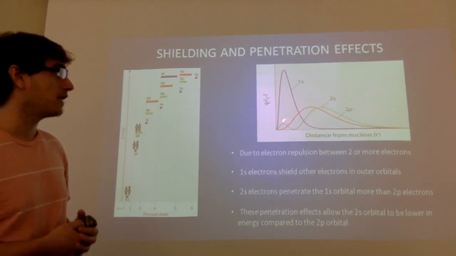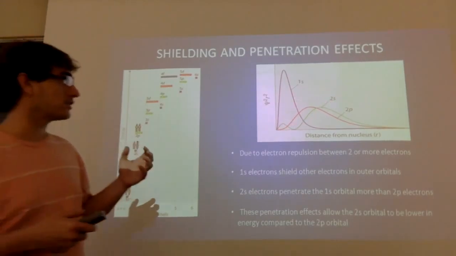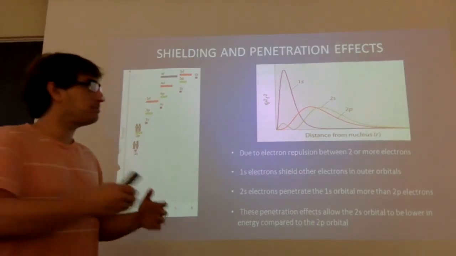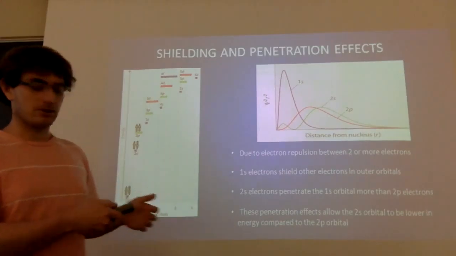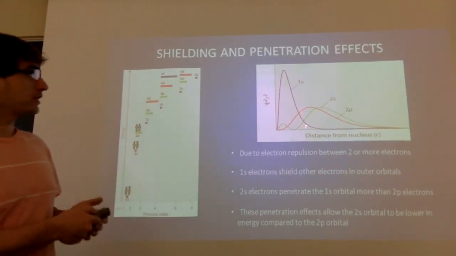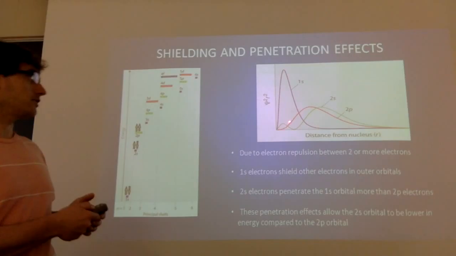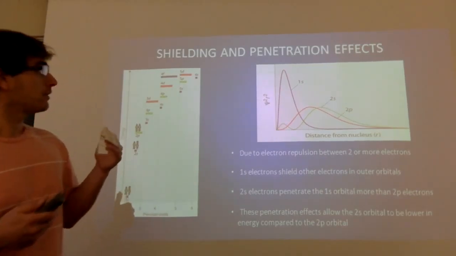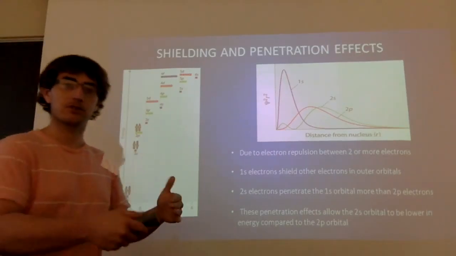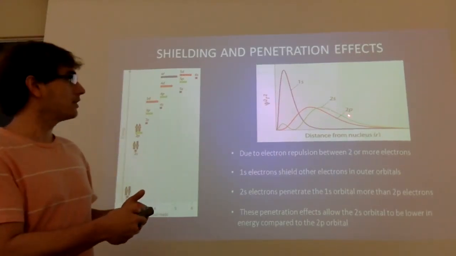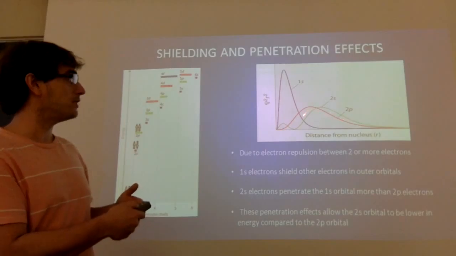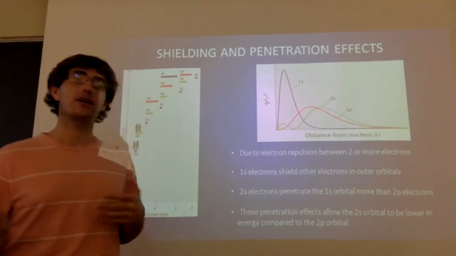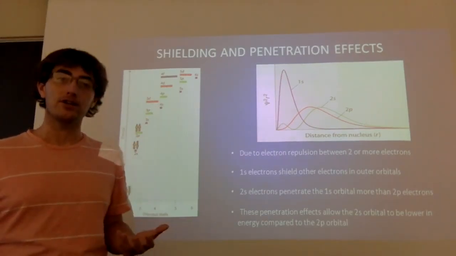inside the 2s profile here, we say that it has the ability to penetrate the 1s orbital. So when that happens, and it's able to penetrate more than the 2p orbital, it gives the 2s orbital a lower energy.